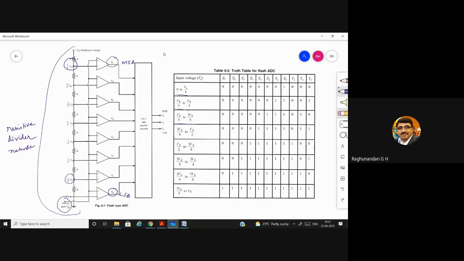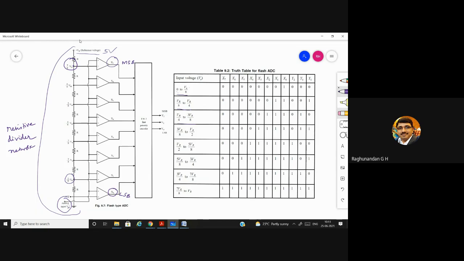The reference voltage VR will be given, it might be around 5 volt or 10 volt, based upon the analog voltage which we are giving. So it depends upon the maximum peak voltage of the input signal. Based on that, we will fix the reference.